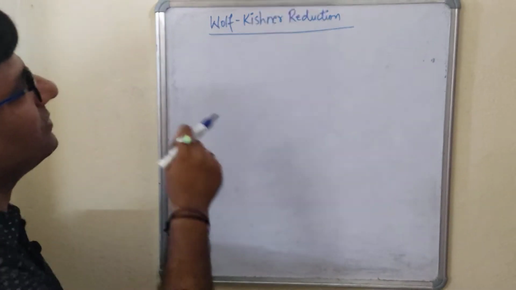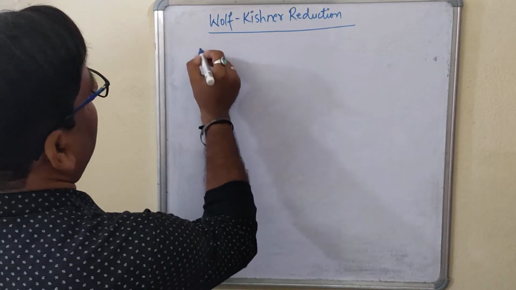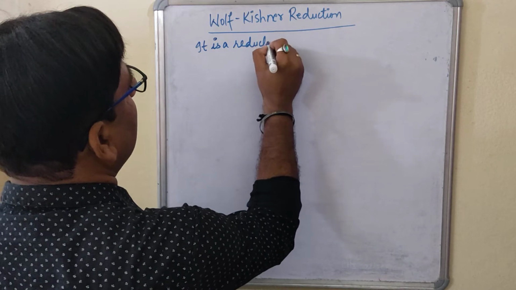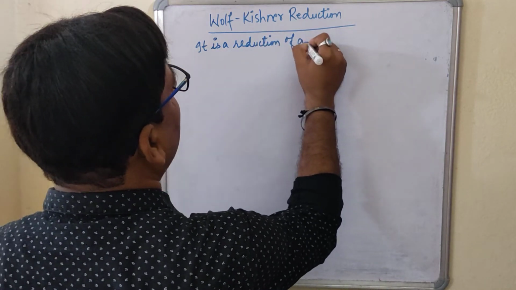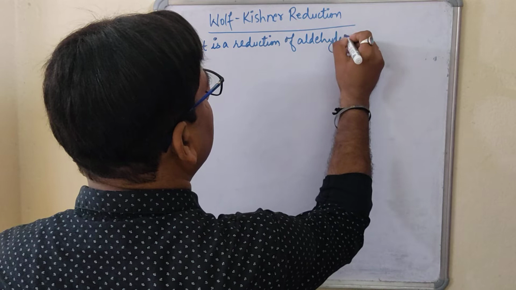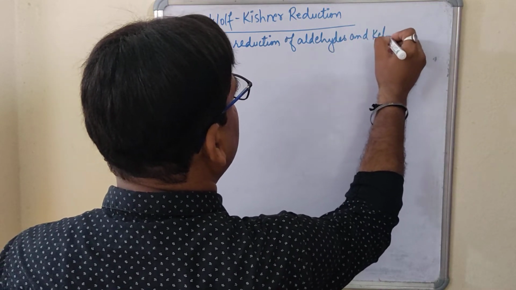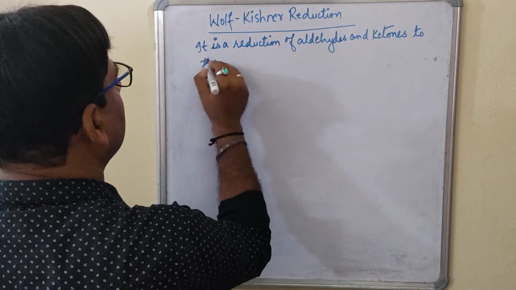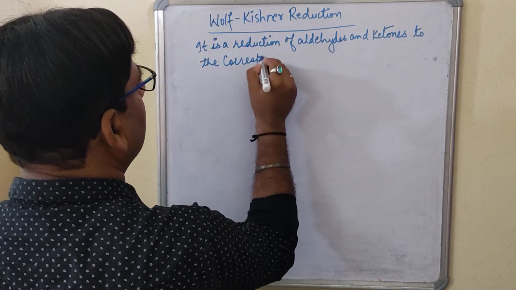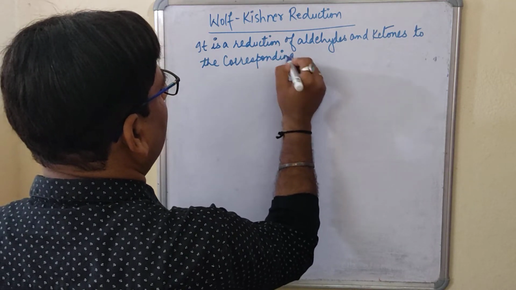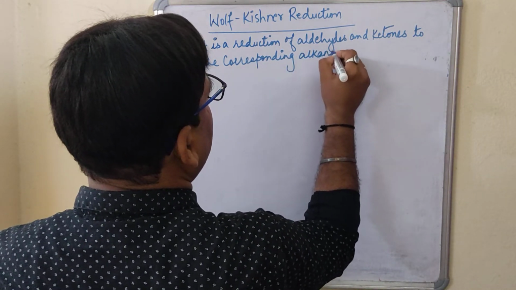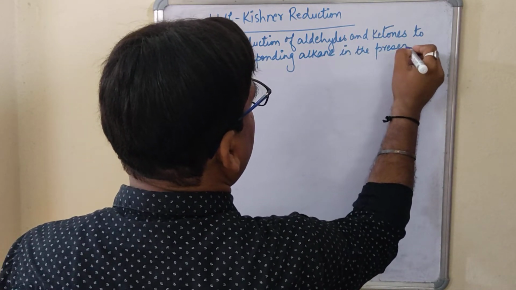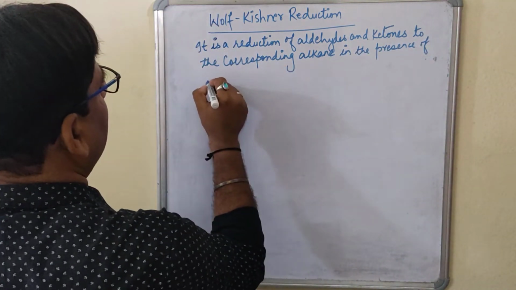Now students, this Wolff-Kishner reduction, it is a reduction of aldehyde and ketones to the corresponding alkanes in the presence of a base.